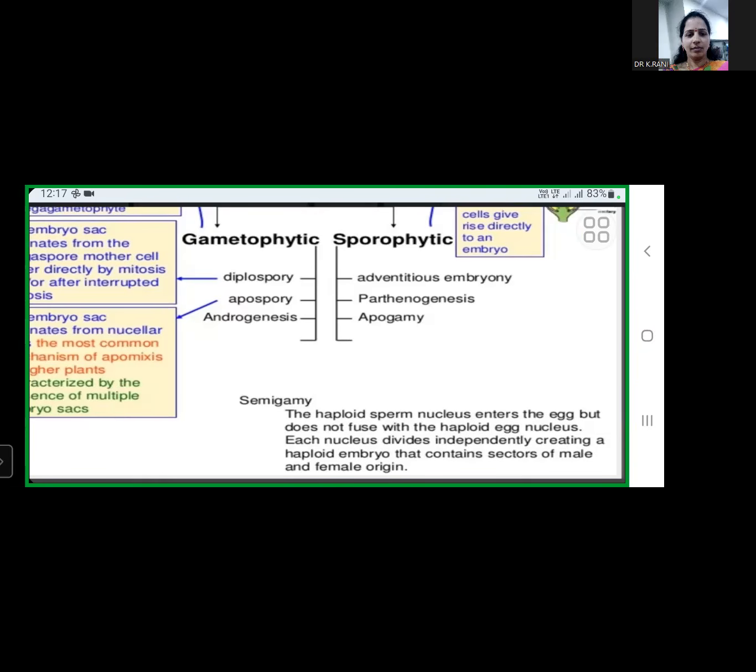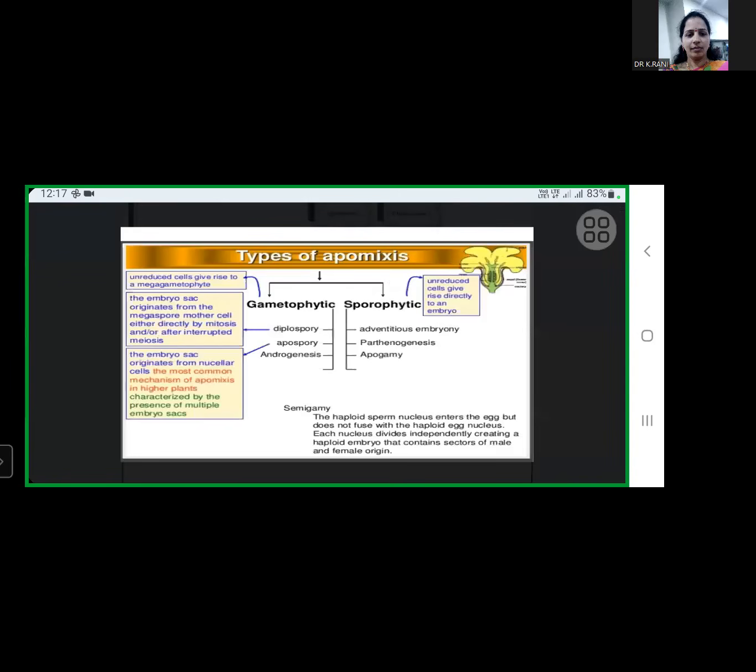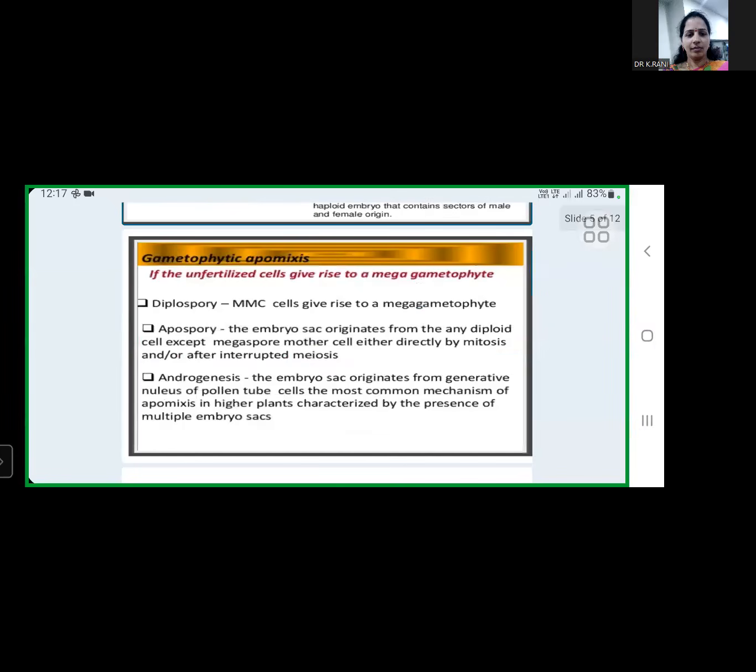Each nucleus divides independently, creating a haploid embryo that contains sectors of male and female origin. This is one type of apomixis. Now, gametophytic apomixis is divided into diplospory and apospory.